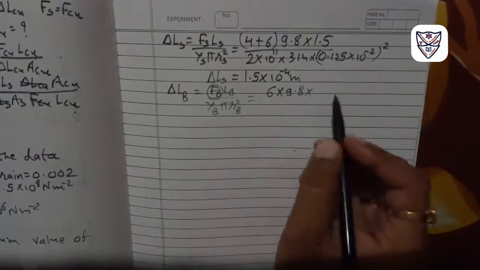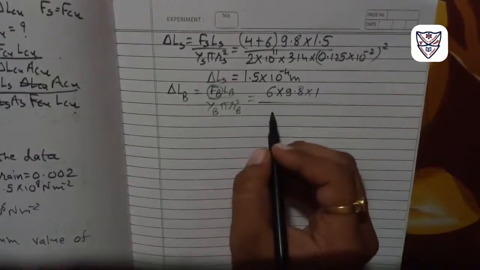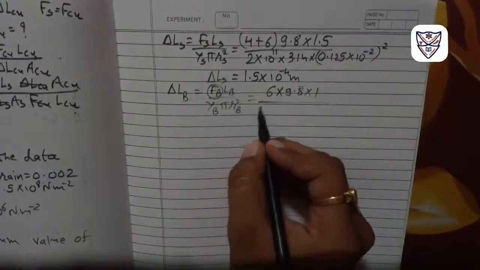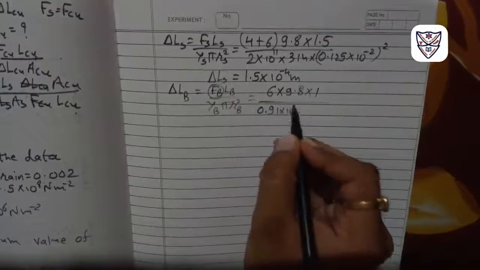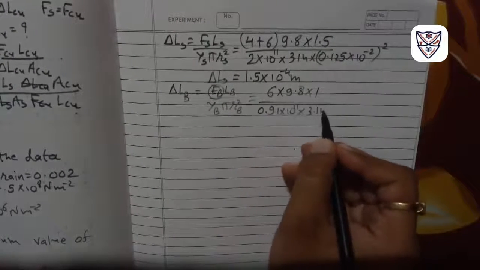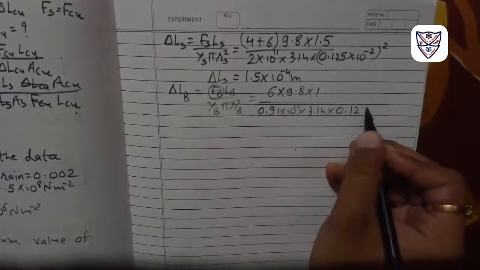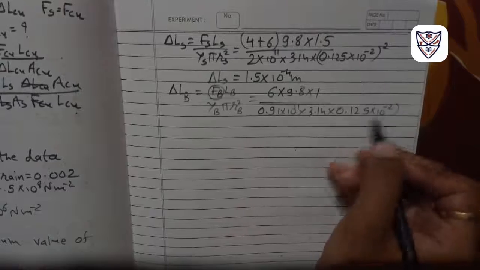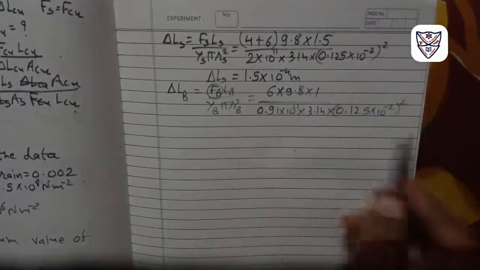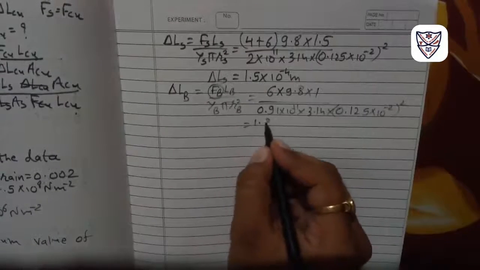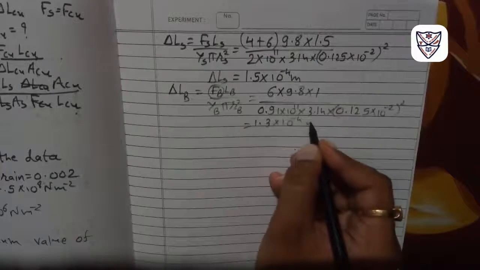Length of brass wire is 1 upon YB, Young modulus of brass wire 0.91 into 10 raised to 11, into pi 3.14 into RB. Similarly, we have same diameters of both the wires, so 10 raised to minus 2 whole square. By calculation we will get 1.3 into 10 raised to minus 4 meter.